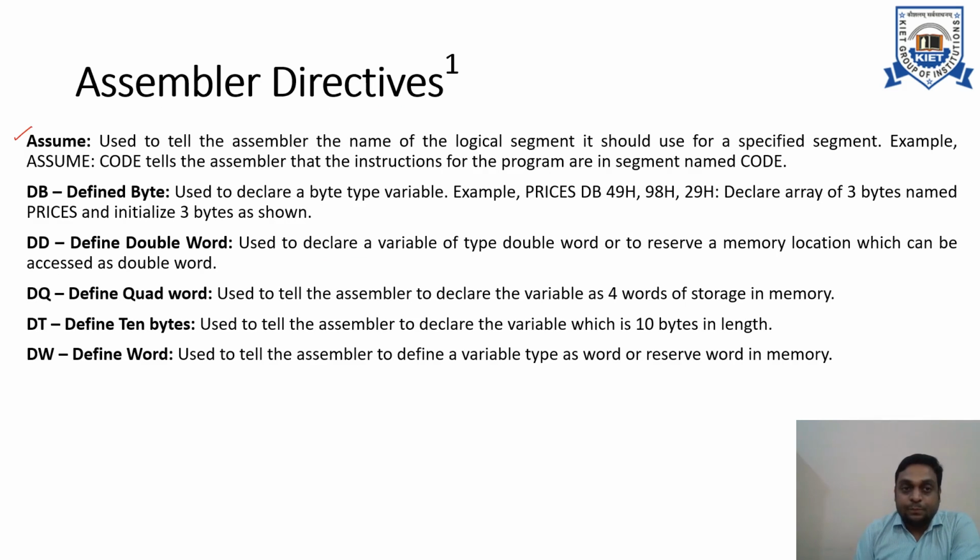First is ASSUME. Assume is used to tell the assembler the name of the logical segment it should use for a specified segment. For example, ASSUME CS:CODE. This statement tells the assembler that the instructions for the program are in the segment named code.